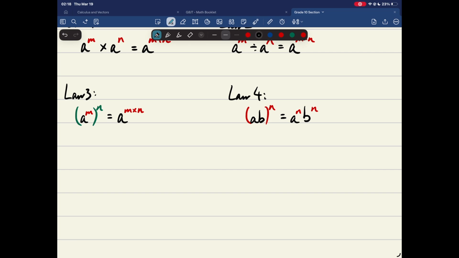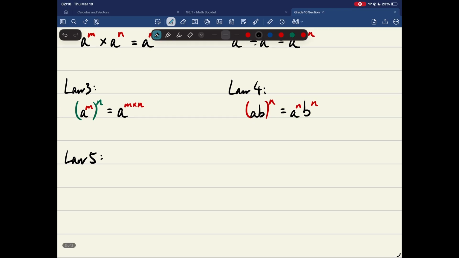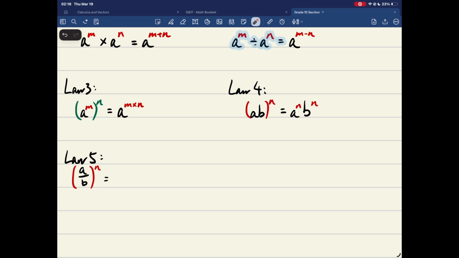And for law 5, we have power of a quotient. It states that if there's a big bracket, a over b close bracket to the power n, this means that you gotta distribute the power to everything, so to a and to b.